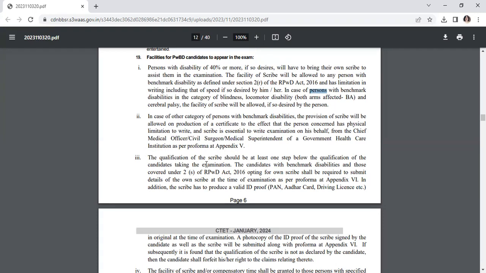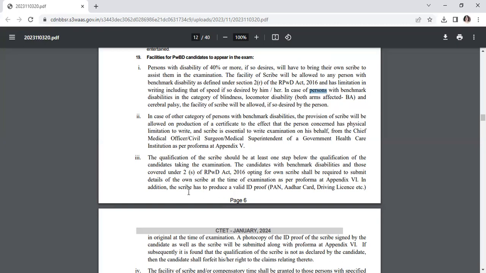As per the proforma at Appendix 5. The qualification of the scribe shall be at least one step below the qualification of the candidate taking the exam. Candidates with benchmark disabilities, and those covered under Section 2S of the RPWD Act 2016, opting for their own scribe shall be required to submit details of the scribe at the time of examination as per the proforma at Appendix 6.